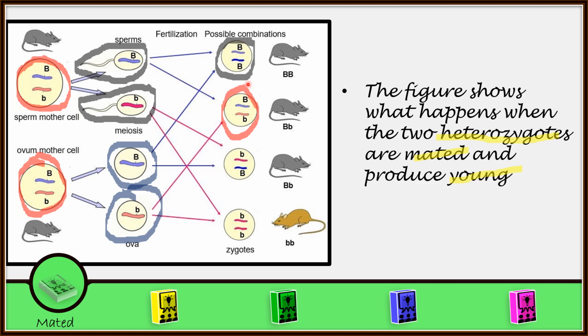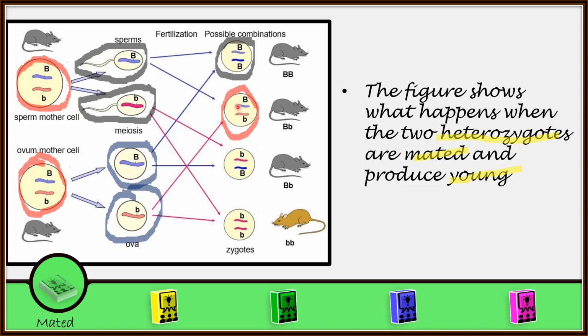So these two, when they combine, form a zygote with allele combination of capital B and small b. Here we can see that it is heterozygote, or heterozygous.